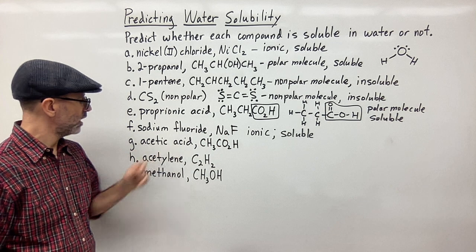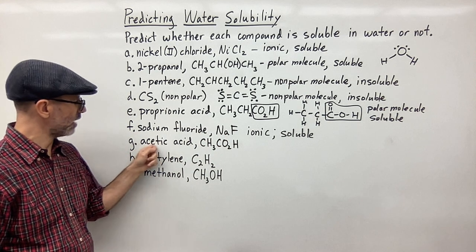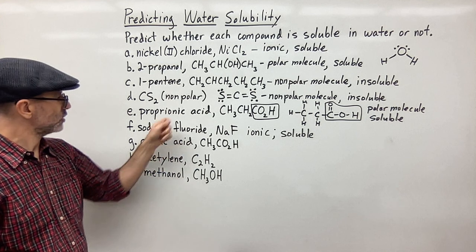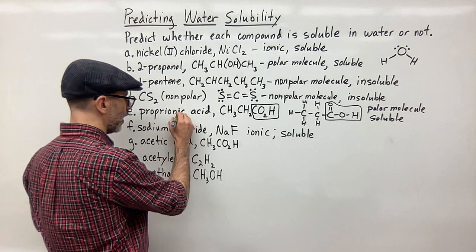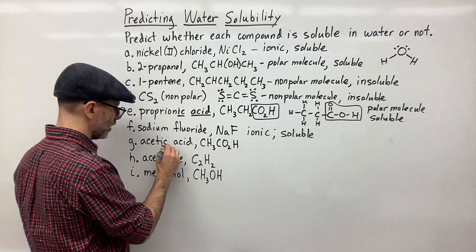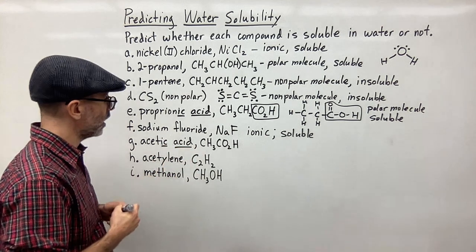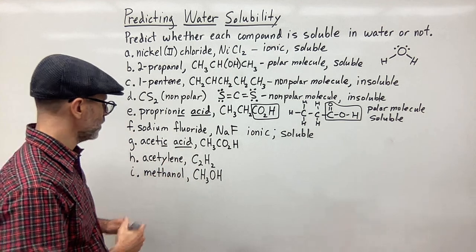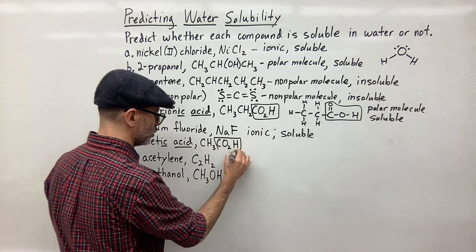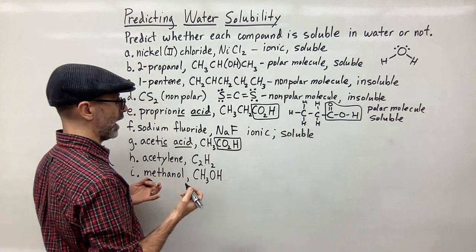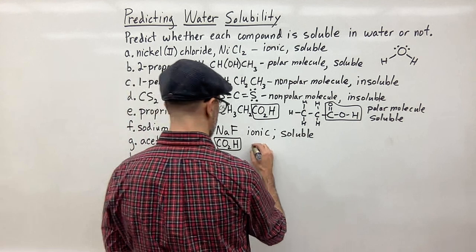Acetic acid. Again, acetic acid, we have this "ic acid" here, just like we have "ic acid" here. So if I underline that, that indicates that you have a carboxylic acid again. So here again, we have the CO2H group. And so that indicates that we have, again, a molecular substance.